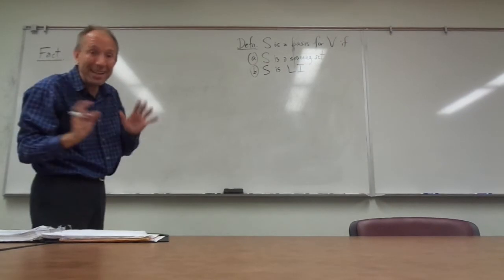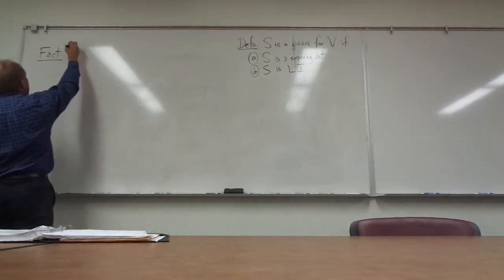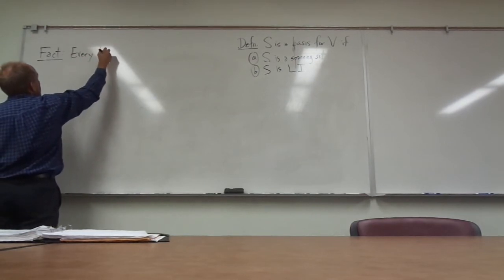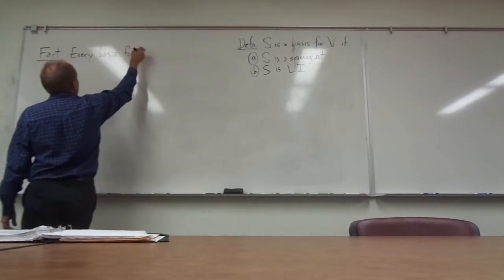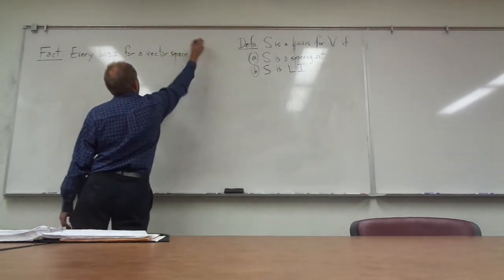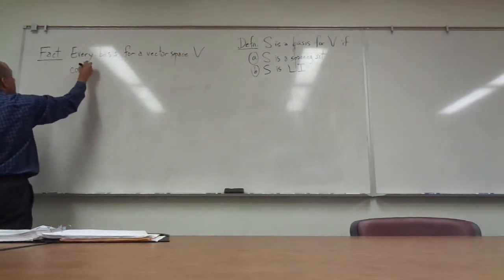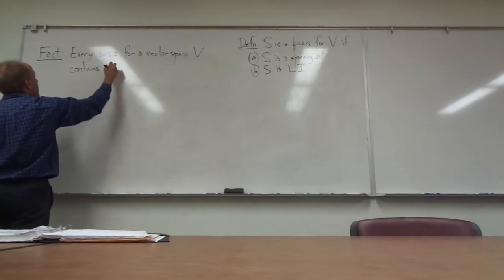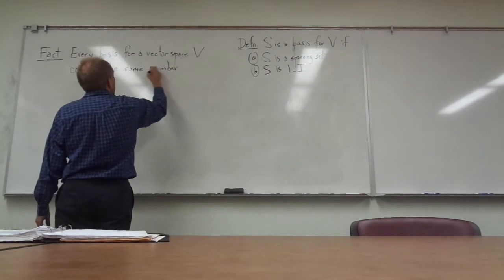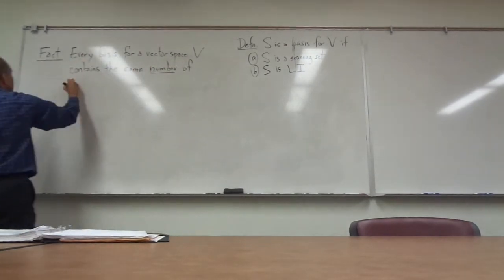To really prove this rigorously is a little tough. We're not going to do that here. But what I want to say is that every basis for a vector space V contains the same number of vectors.